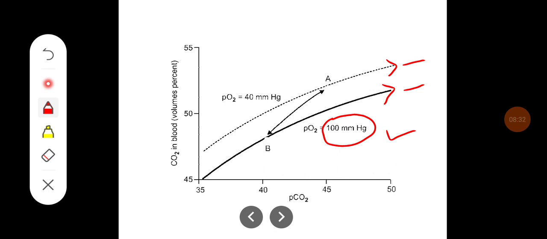Okay, so if the Haldane effect were not present, there would be delivery of only 2 ml percent of carbon dioxide at the lung level. Because of the Haldane effect, almost 4 ml percent of the carbon dioxide is delivered to the lungs.